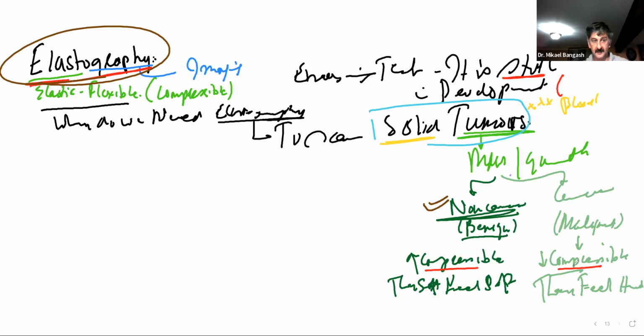This versus this is what we actually use in elastography. Now, let me give an example of how elastography used to be done back in the days.